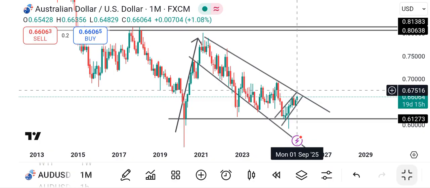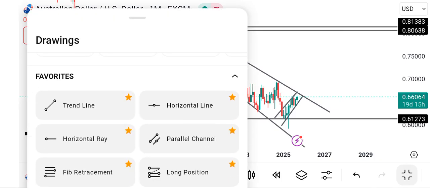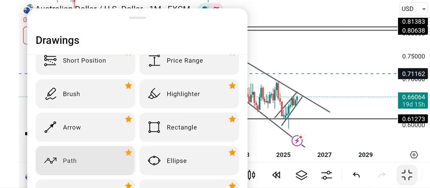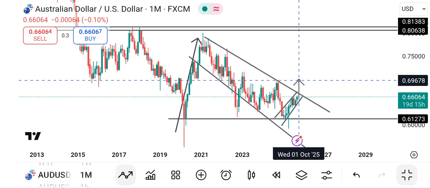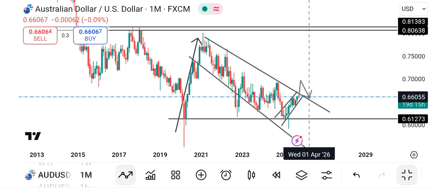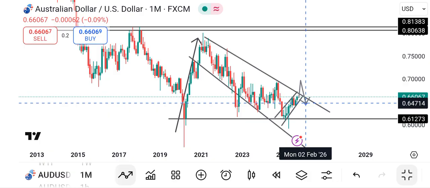If we can touch this trend line and give us a close above it, something like this, a touch of it, a close above it, and come back to retest. If the comeback for retest comes back inside this particular trend line, then I will consider this a fake breakout.